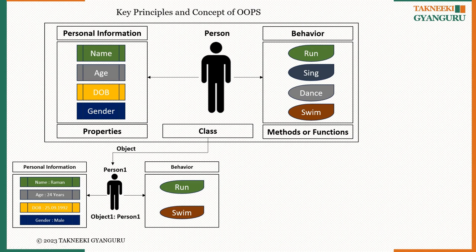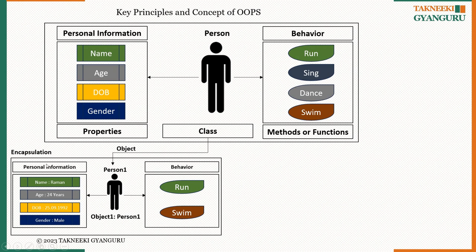Then we create an object person one, and once this person has personal information and behavior working together as an entity, that is called encapsulation. Encapsulation is basically binding the properties and behavior or methods in one single unit, right?